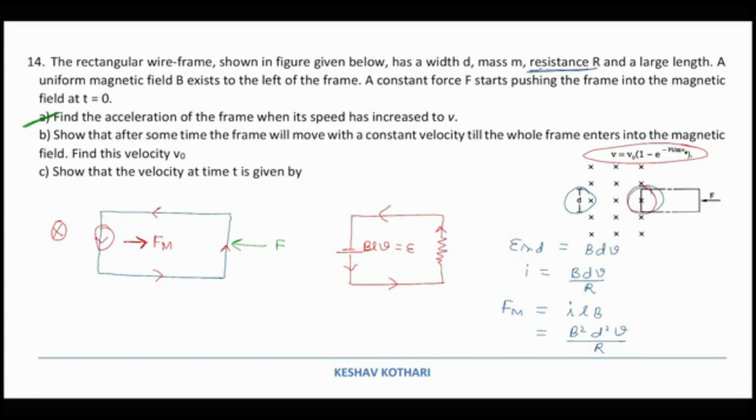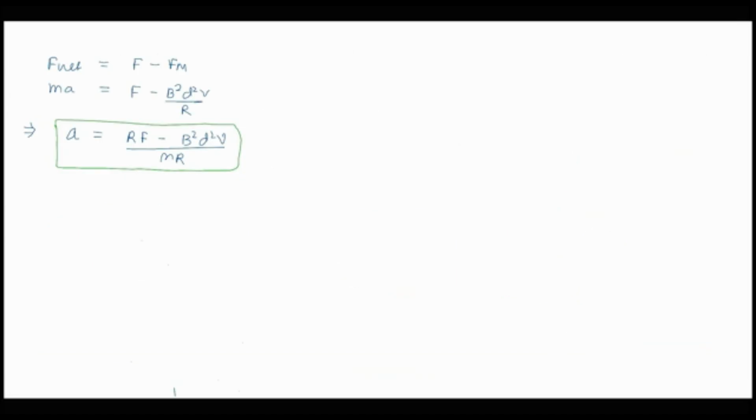Now as the entire loop enters the region of magnetic field, the force which is acting on the loop will become zero, and the net force will be zero as the magnetic force will cease to act. So it will move with a constant velocity. If velocity is constant, acceleration is zero, or we can directly equate the equation of force.